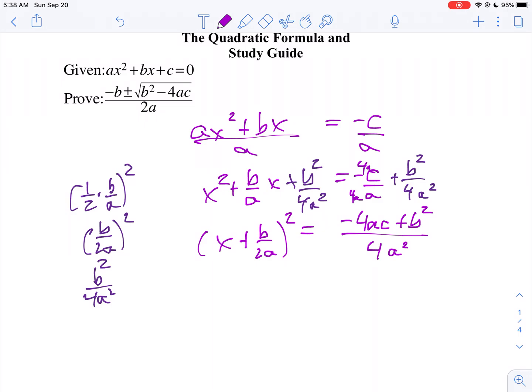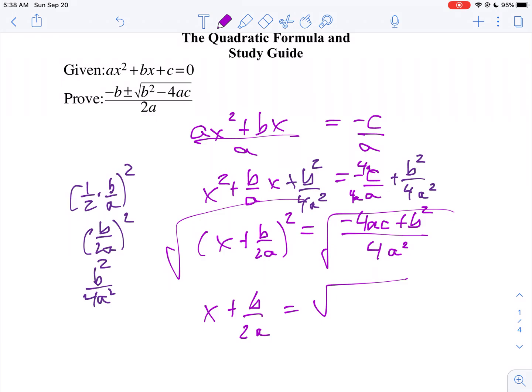Now, I'll take the square root of both sides. So we get x plus b over 2a equals, well, I'm going to rewrite the numerator. I'm going to put the b squared first, if that's okay. So I'm going to say the square root of b squared minus 4ac.